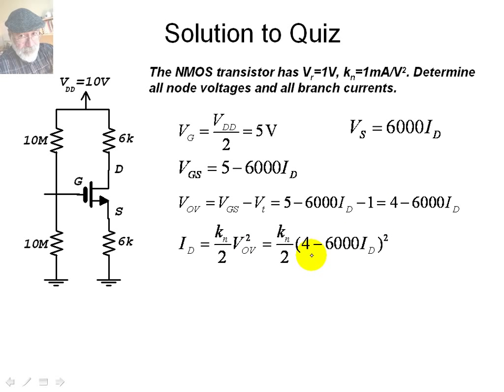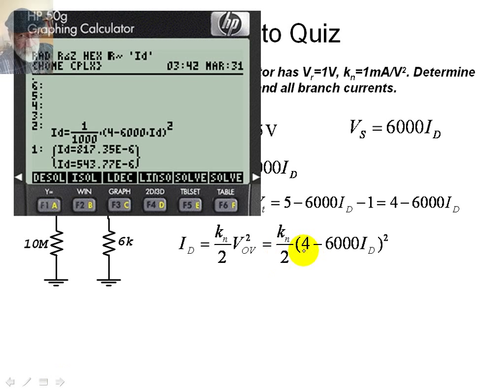Substitute the overdrive voltage here. Observe that this is a quadratic equation in ID. We know everything else. We enter that equation in the calculator: ID equals Kn times the overdrive voltage, 4 volts minus 6,000 times ID, squared.